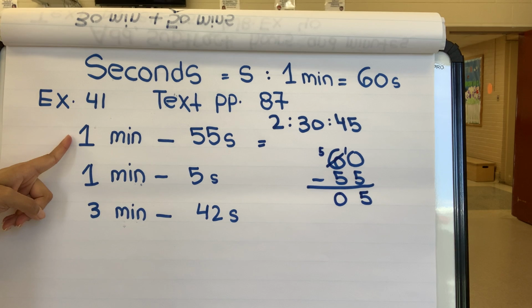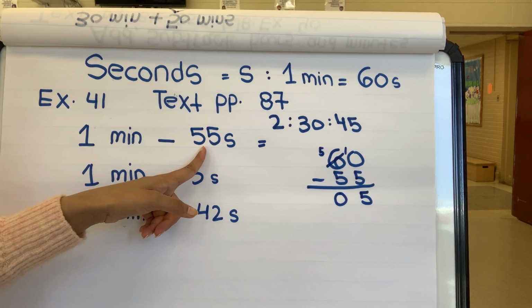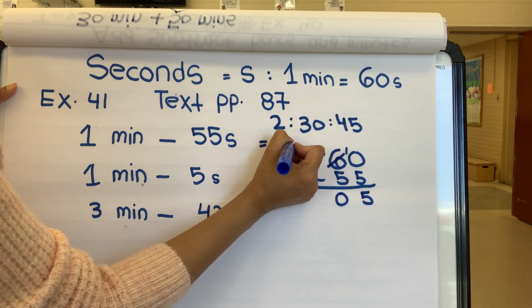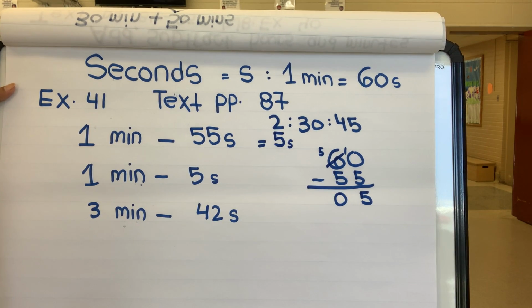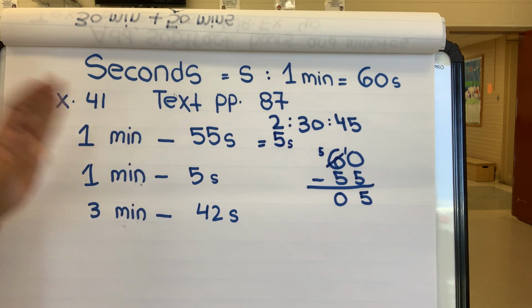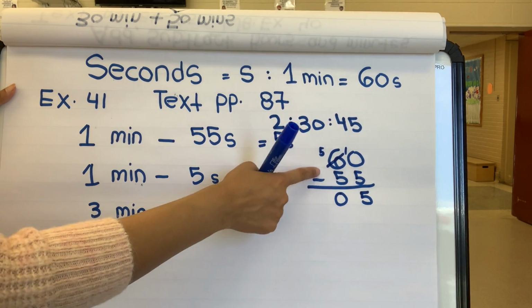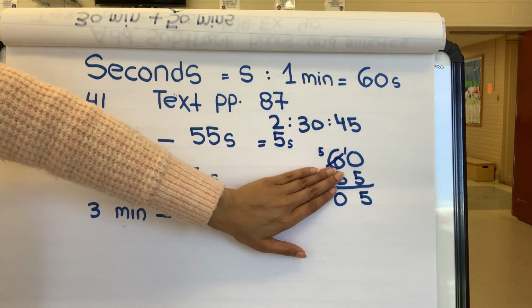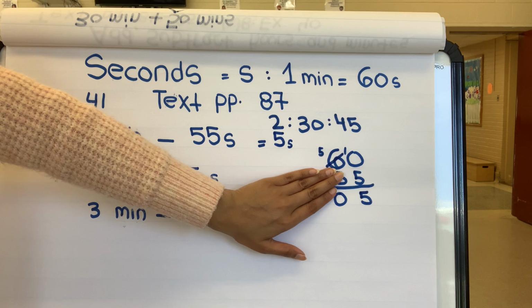So if you have 1 minute and you take away 55 seconds, you are left with 5 seconds, right? Then I have 1 minute and take away 5 seconds.